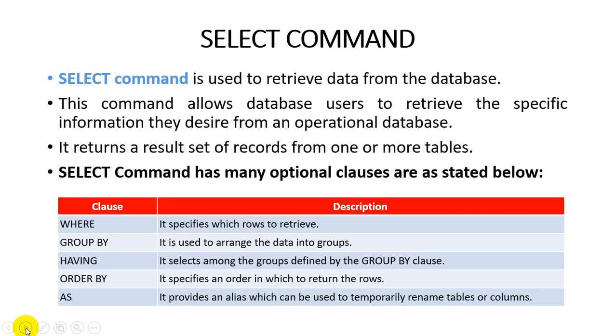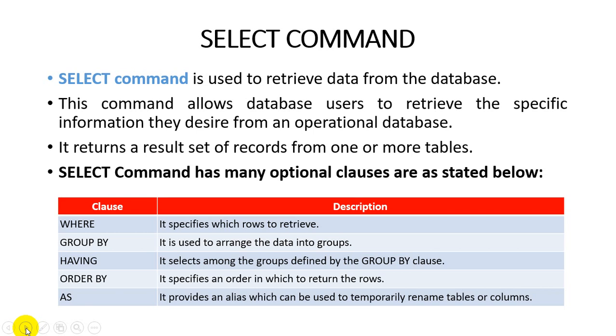Group by is used to arrange the data into groups, meaning if a table has lots of information and the user wants to retrieve all the information group-wise, they can use it with the select command.